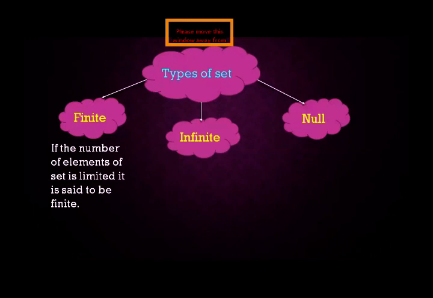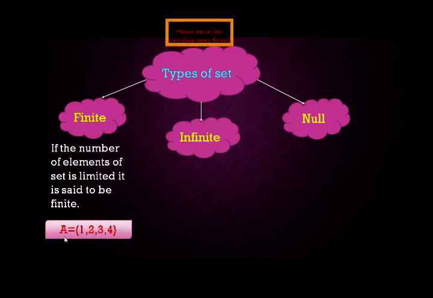As I have already told in the previous slide, if the last element of the set is given, it means that set is known as a finite set, because we know the limitation of that set, that it starts from 1 and ends at 10. If we know the last element, then it means that this is a finite set.